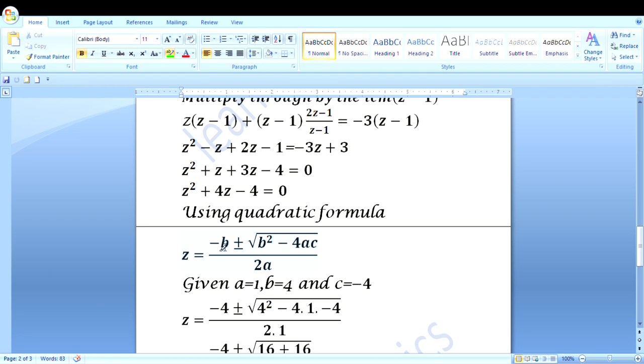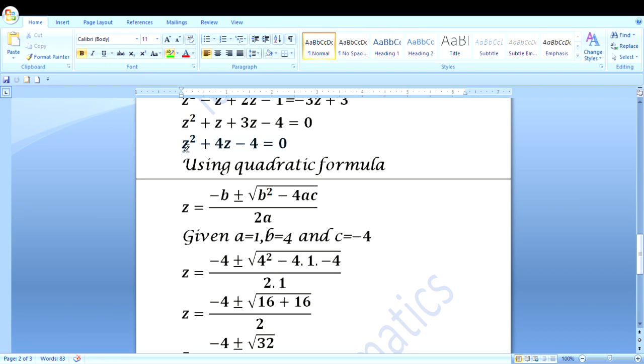z is equal to minus b plus or minus the square root of b squared minus 4ac, divided by 2a. The value of a is the coefficient of z squared, which is 1, b is the coefficient of z, which is 4, while c is the constant term, which is minus 4.